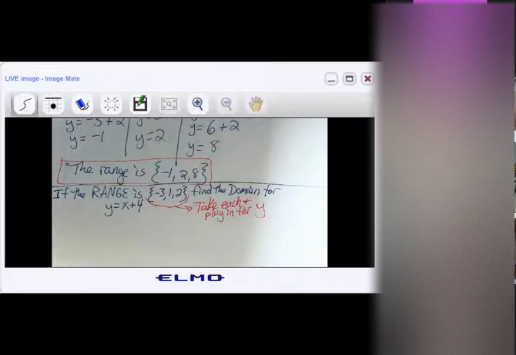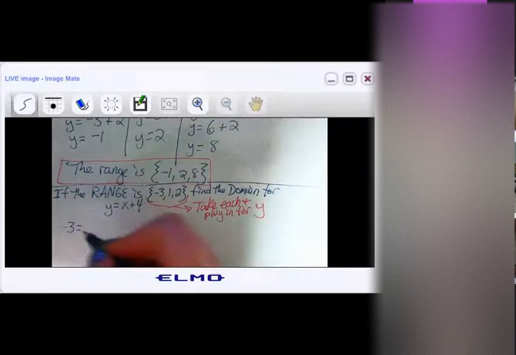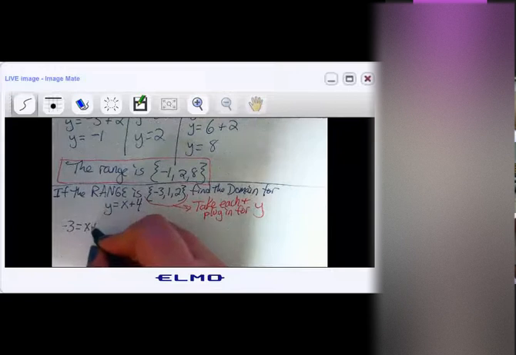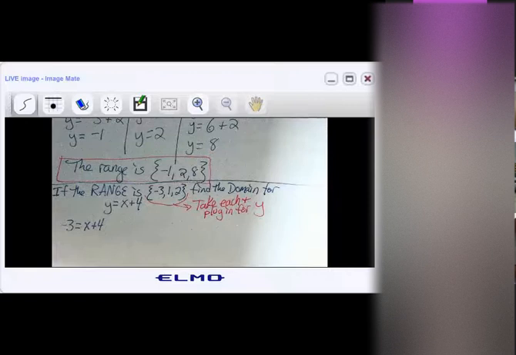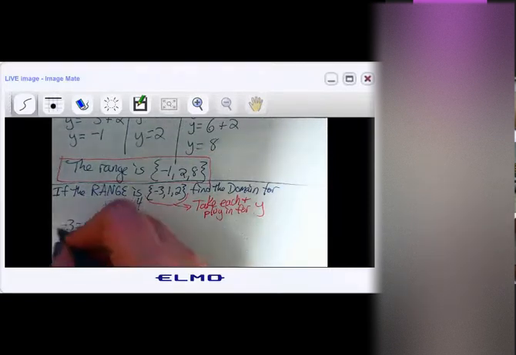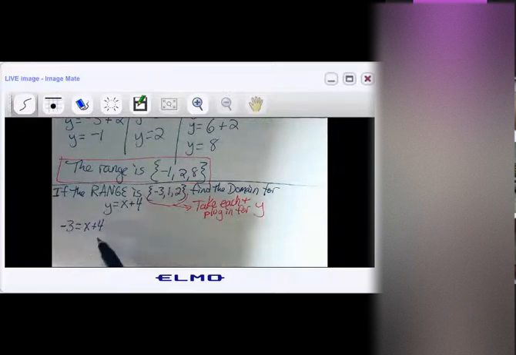Okay, but other than that, the process is pretty much the exact same. So I'm going to take my first number, -3, and I'm going to put it in place of the Y, not the X, the Y. So this one will look like -3 equals X plus 4. Then if you remember from part 1 how to solve this, does anyone remember how to get the answer from this?